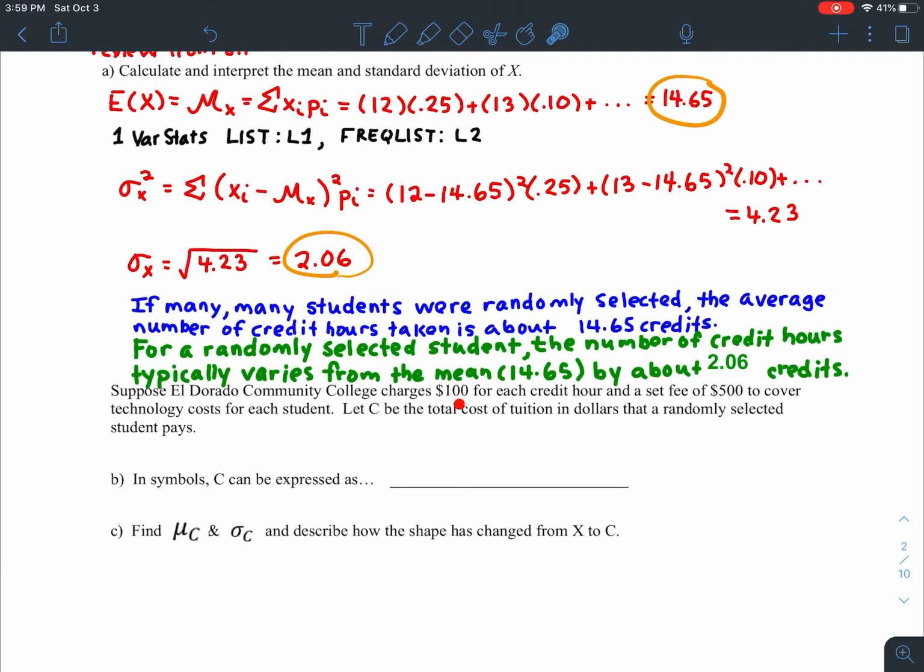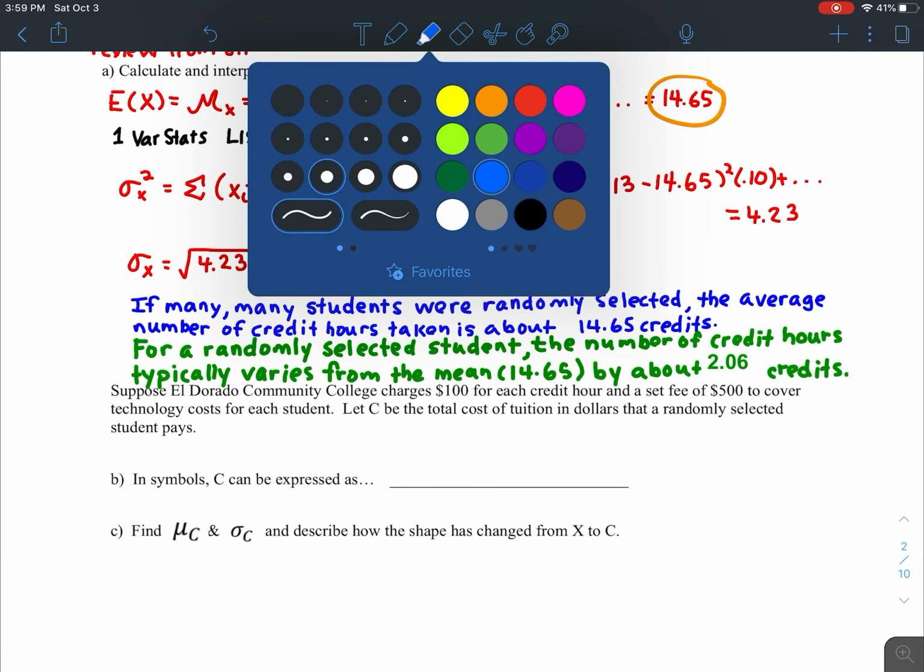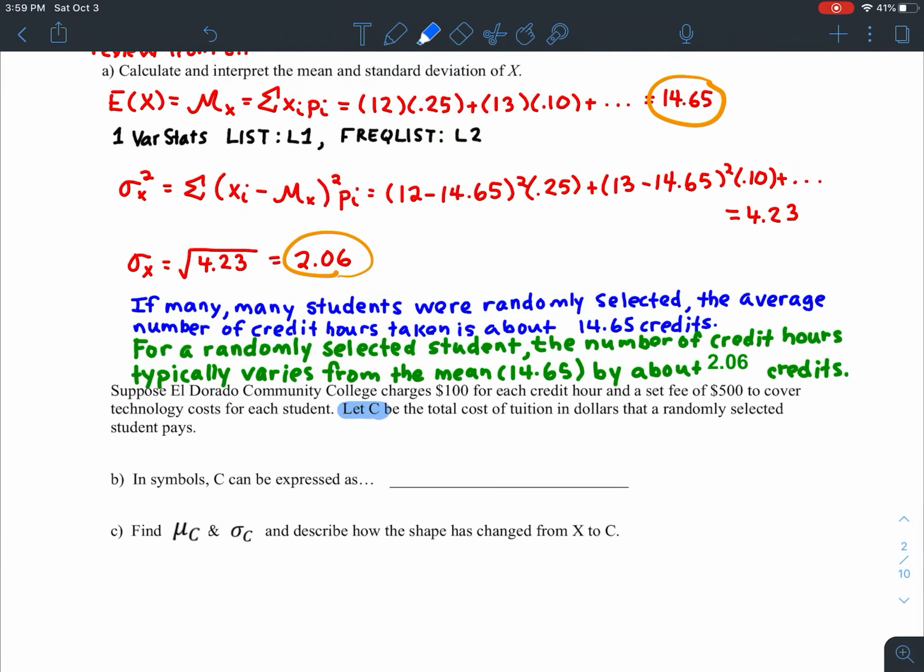But now what we're going to look at is what if we were to perform a transformation on the random variable. For example, let's suppose that El Dorado Community College charges $100 for every credit hour, and then they have a set fee of $500 to cover technology costs for each student.